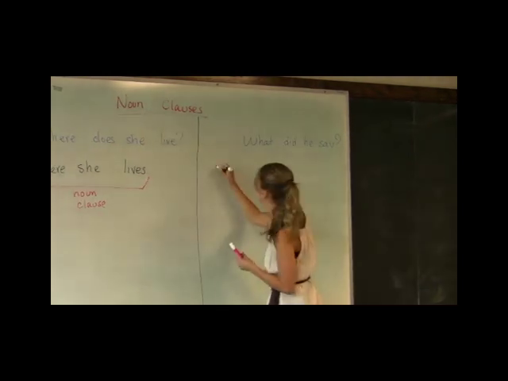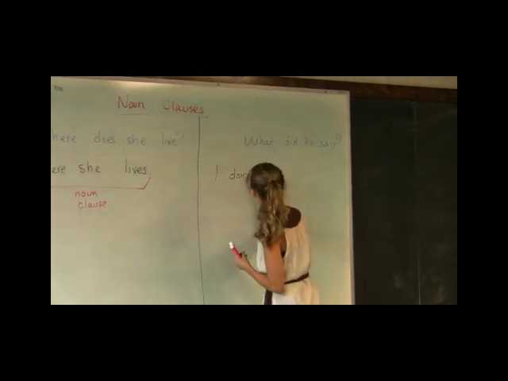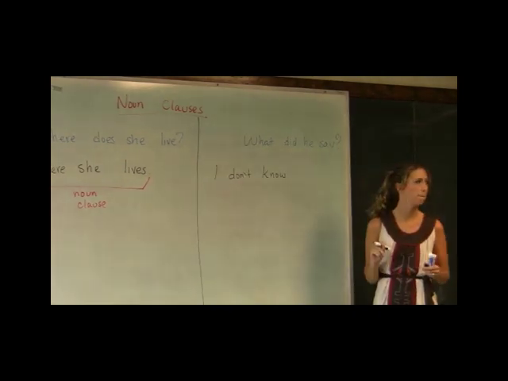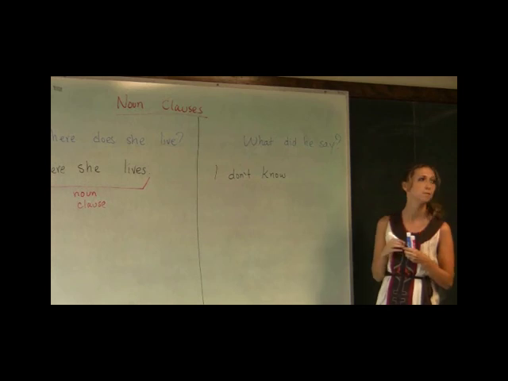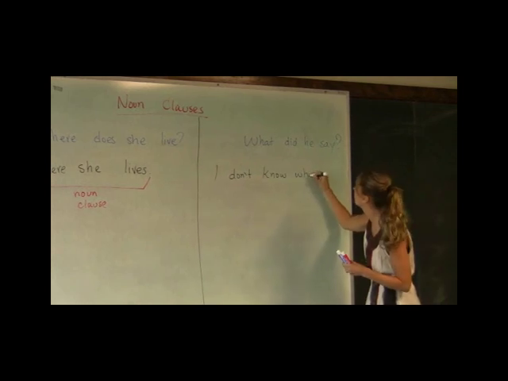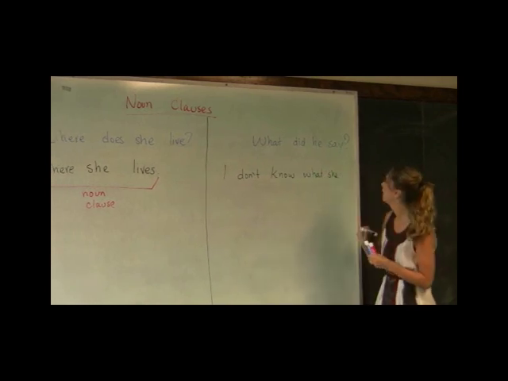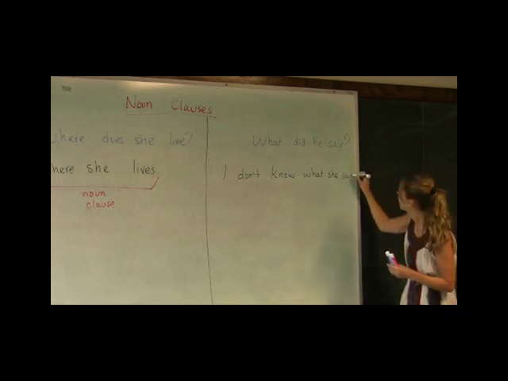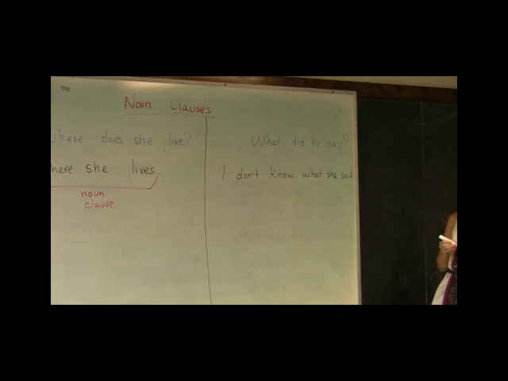So here's our complete sentence. I don't know. What else? What she said. What she, and then what verb did you say? Said. Okay, so we put it in the past.